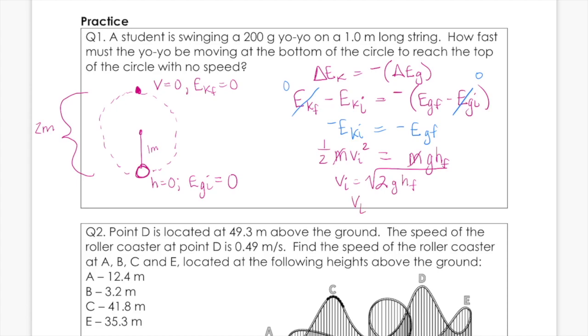Plugging in the information, we have 9.8 as our gravitational constant, and the ending height will be 2 meters. So we'll get that vi, or the velocity at the bottom, would be 6.26 meters per second.